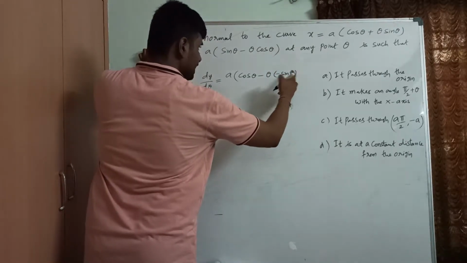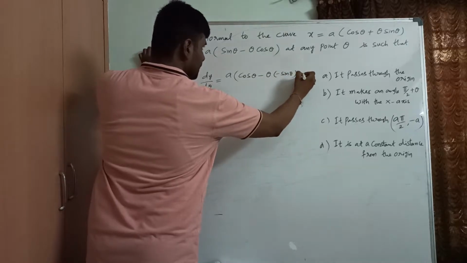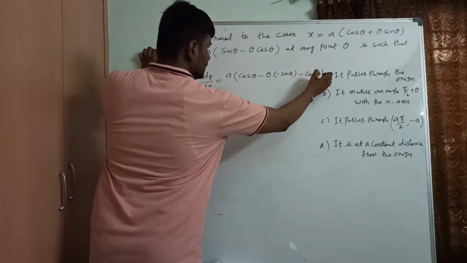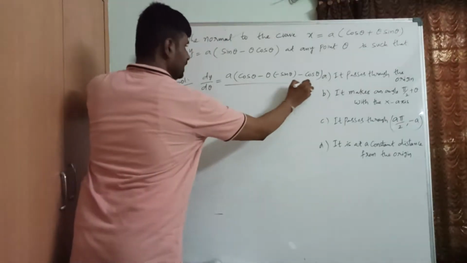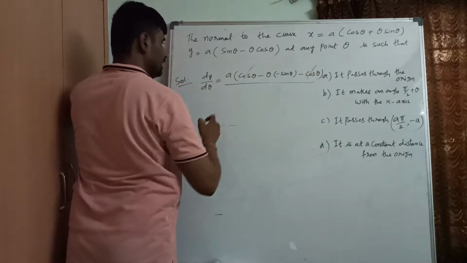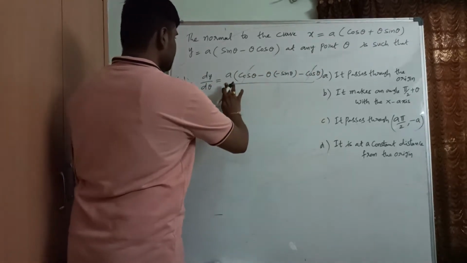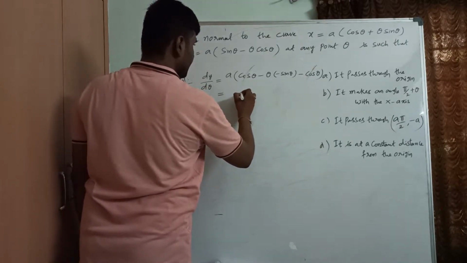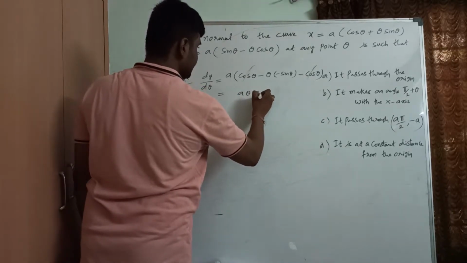Here plus inside actually. So minus multiplied by minus, keeping cos theta as it is, derivative of theta 1. Clear? So minus cos theta plus cos theta cancel. Clear? So now, what do we get? A theta sin theta.